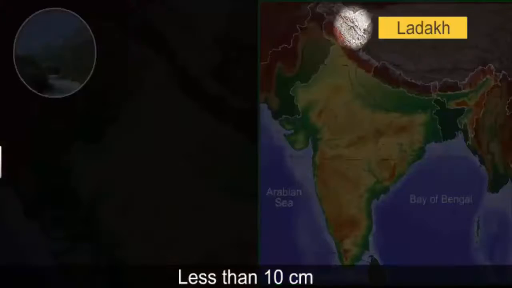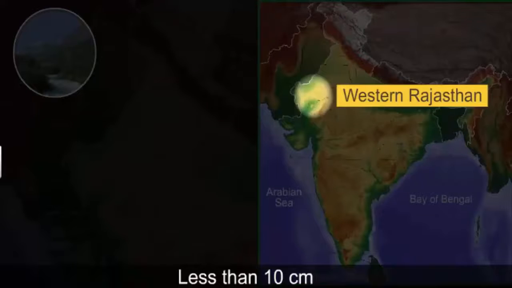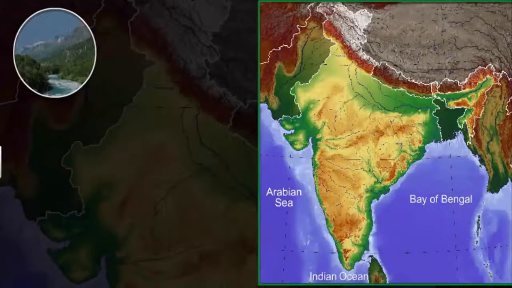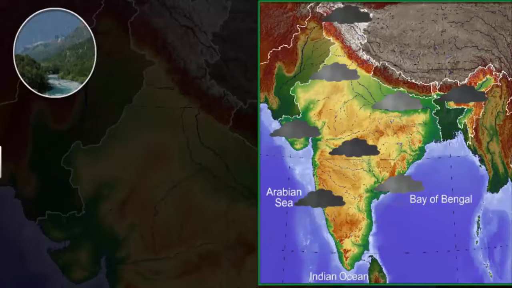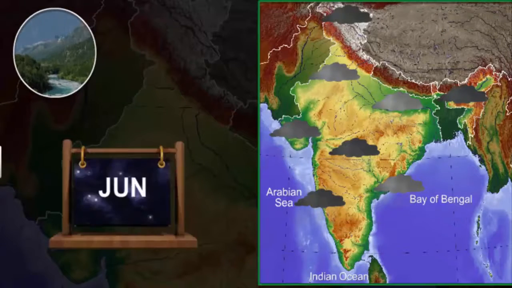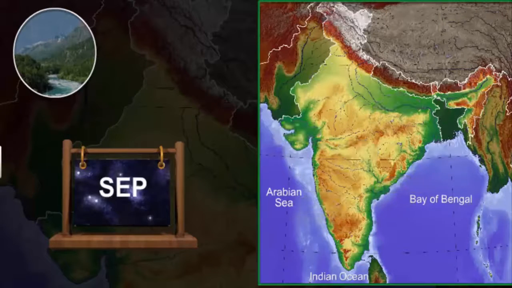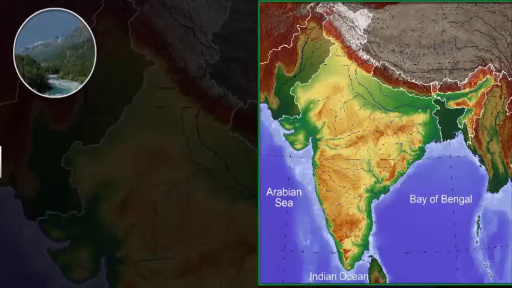Most parts of the country receive rainfall from June to September. However, some parts, like the Tamil Nadu coast, get most of its rain during October and November.